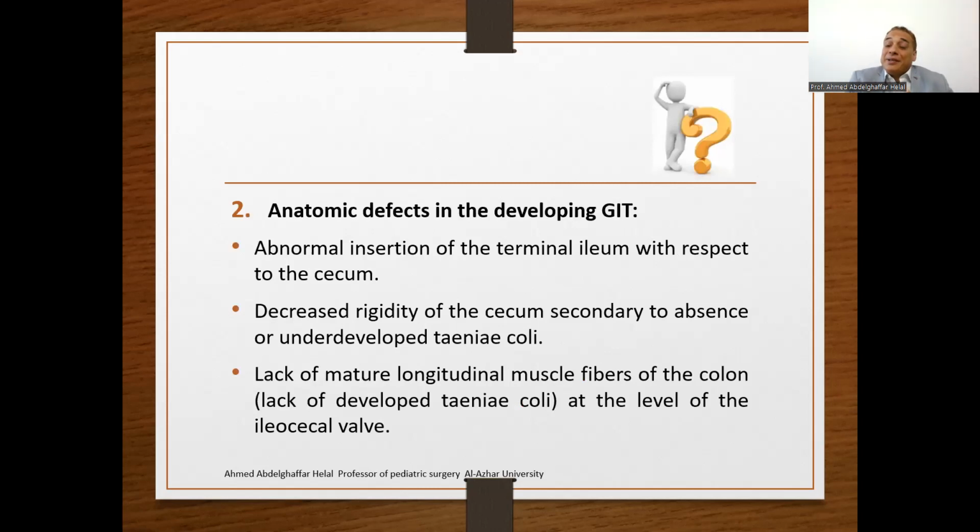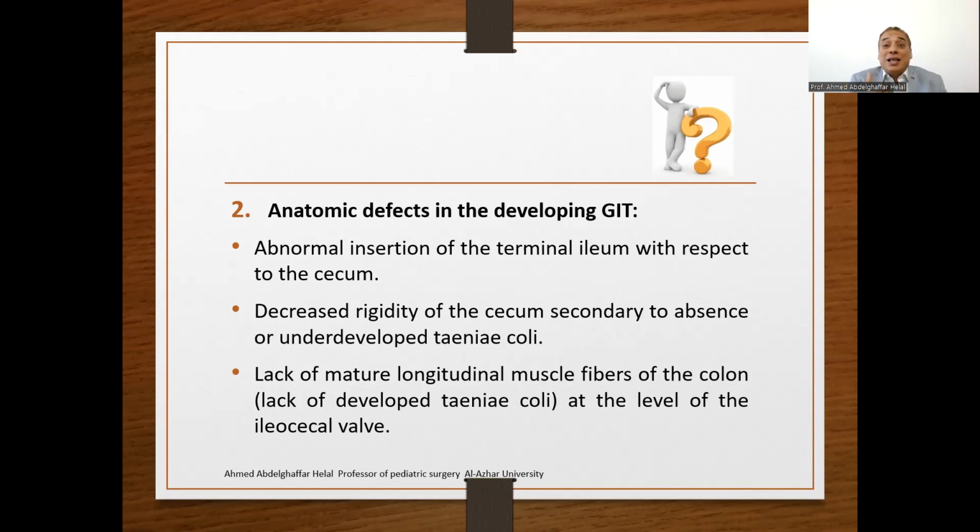Number two, the second predisposing factor is some anatomical defects in the developing gastrointestinal tract. Some authors suggest that there is maybe abnormal insertion of the terminal ileum in relation to the cecum. So this abnormal insertion facilitates the development of intussusception.